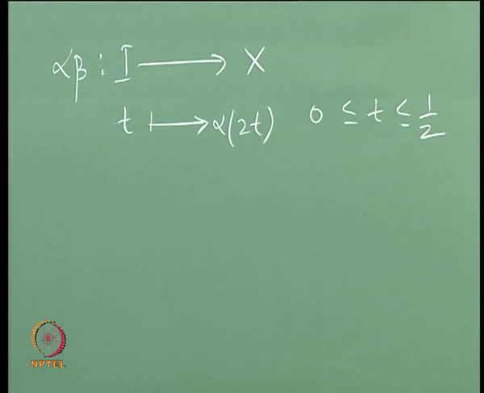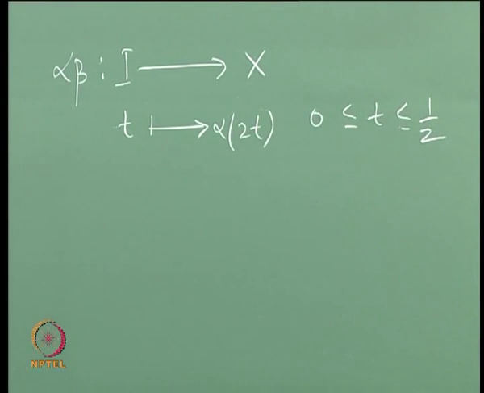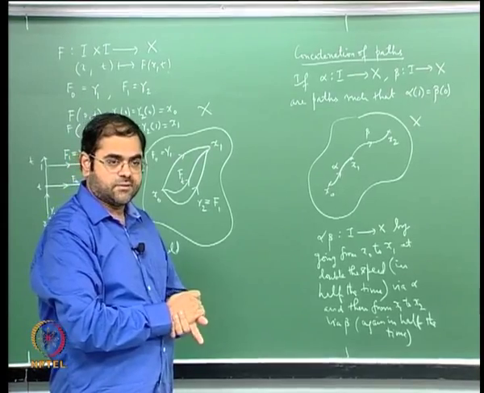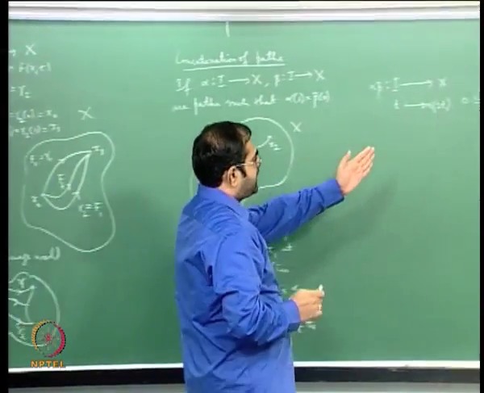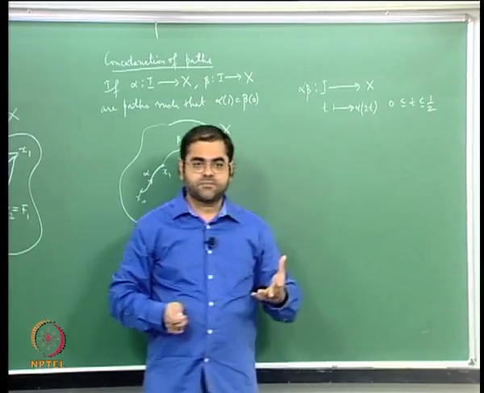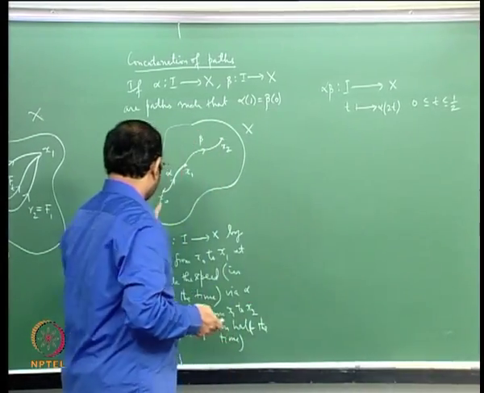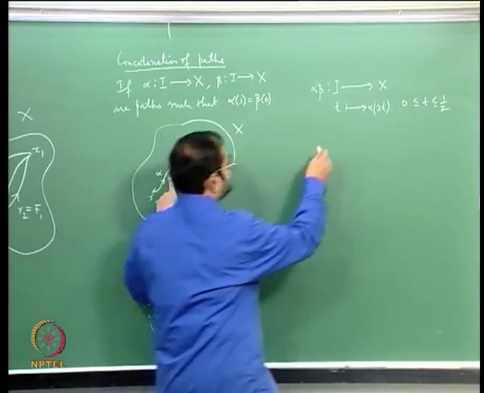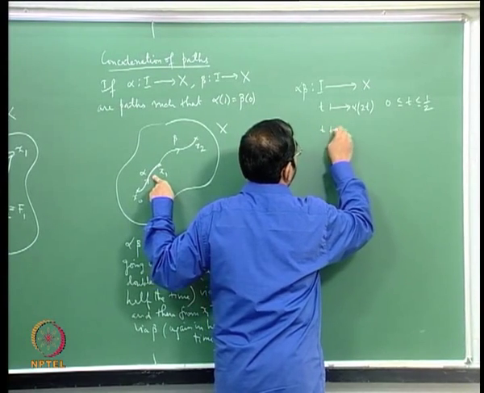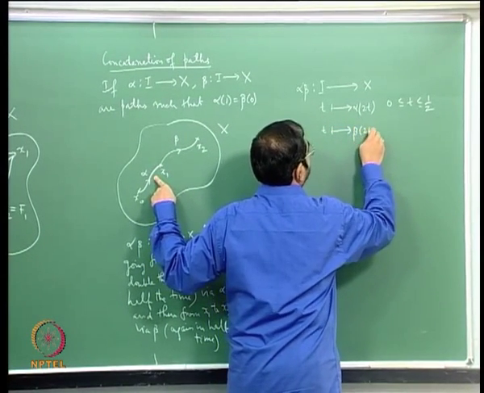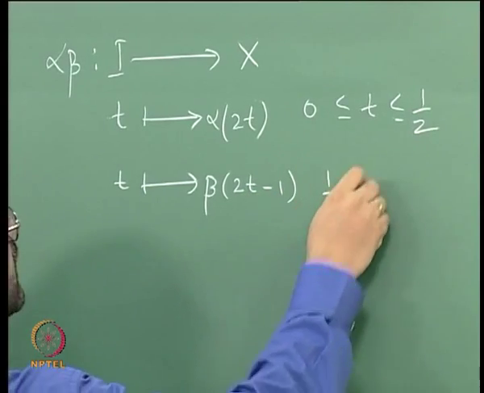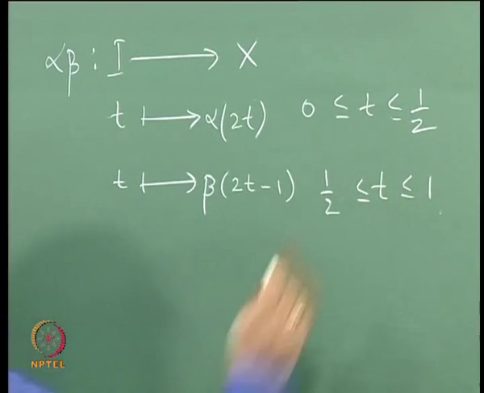If I do this at t equal to 0, I will get alpha of 0, and at t equal to half I will get alpha of 1. So in half the time, which you can think of as twice the speed, you have gone the whole way along alpha, and then you send t to beta of 2t minus 1 for t varying from half to 1.